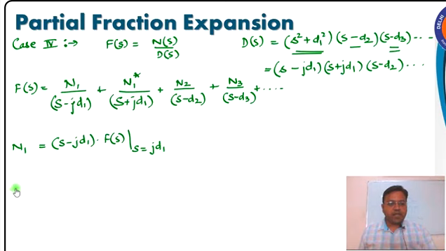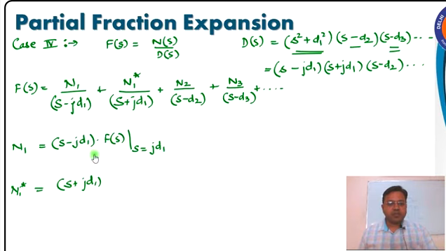And if I further calculate n1 star, I can calculate it by calculating n1 and taking its complex conjugate, or I can use s plus j d1, because n1 star is the residue of this factor.